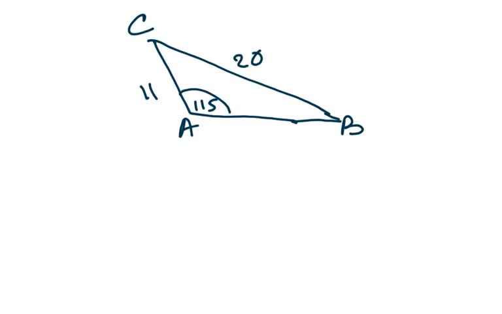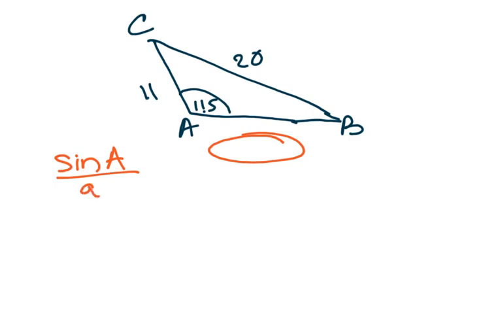All right, so in this case, I have 115. I'm going to use the sine of A over 20. And let's say I want to find this side right here, okay? So the sine of big A over little a is going to equal, because we know this side, and it's B, the sine of B over 11.